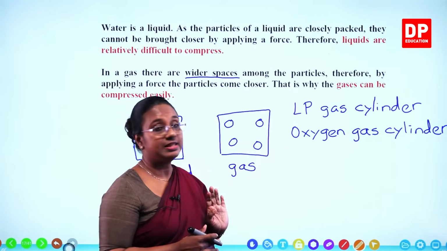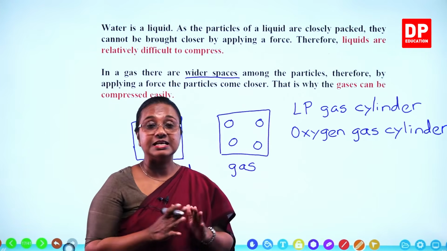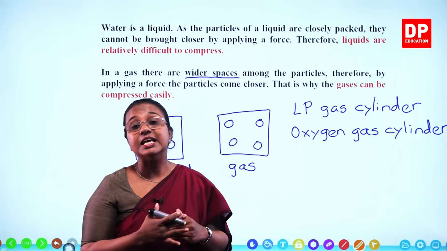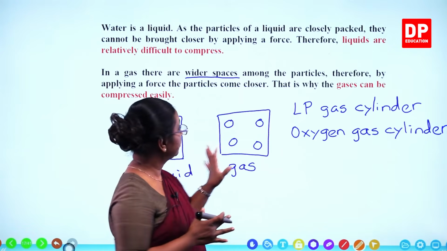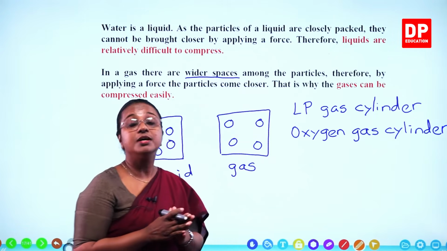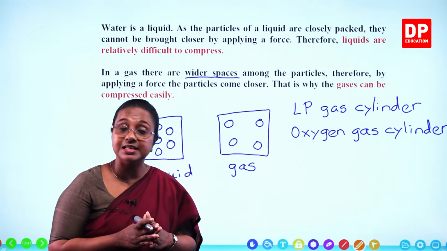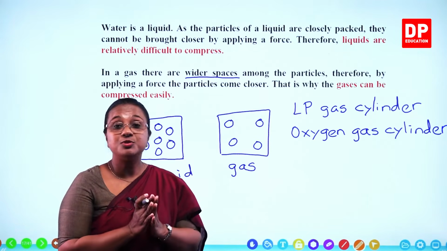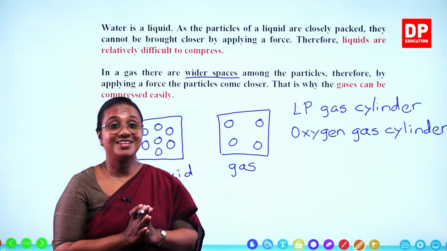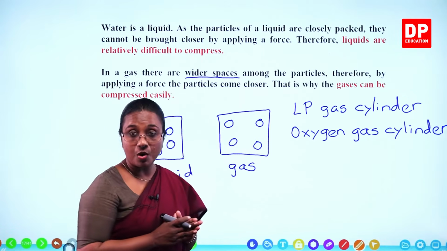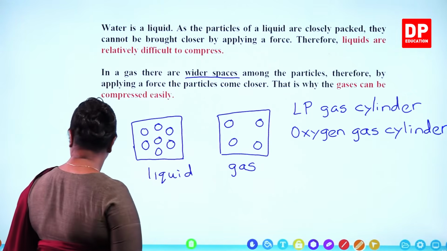In all these, inside the cylinder, the gas is stored in a compressed manner. So that is an example of the compressibility of gases. Gases can be easily compressed. I am sure you can understand that, students. With that, I will move on to the next slide.